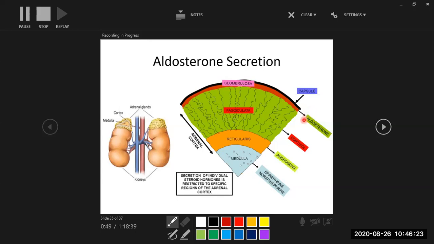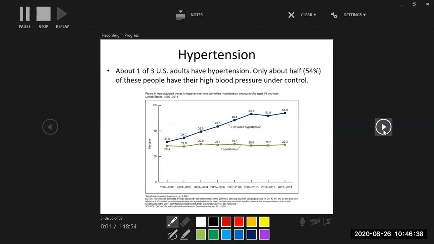So this one, the glomerulosa zone, releases aldosterone, and that will flow around to the kidney to cause sodium retention. So that's how we regulate our blood pressure, how we regulate our cardiovascular system through the autonomic nervous system and also hormones.